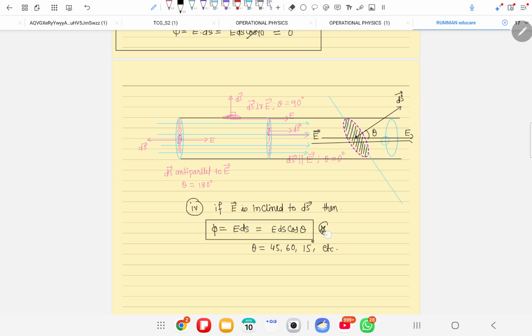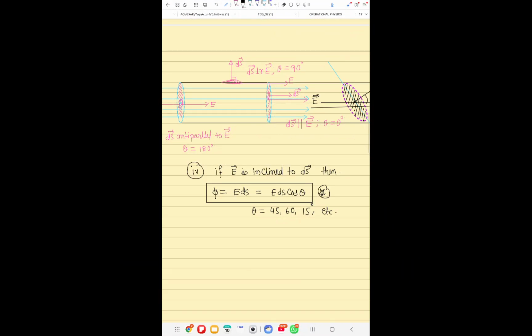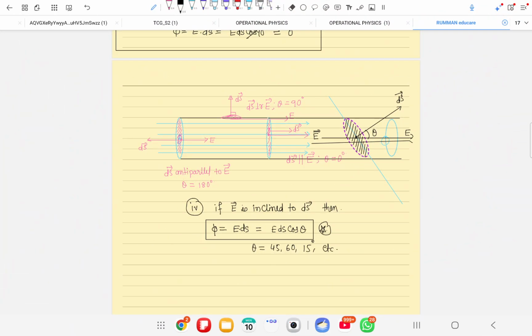So these are the three cases. This interrelates the total flux and their conceptual way. So it is a very important concept.